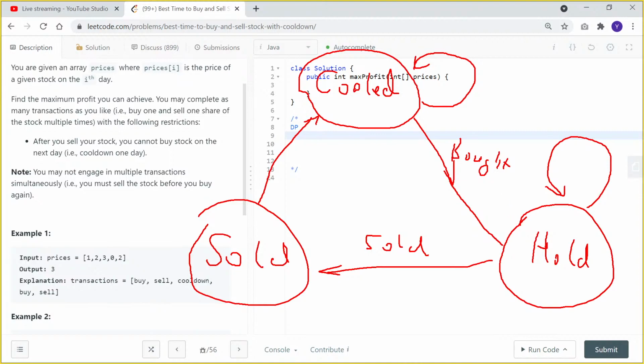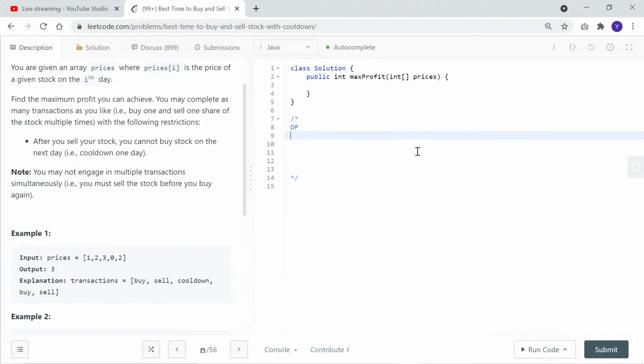Yeah, so now let me further write the notes.